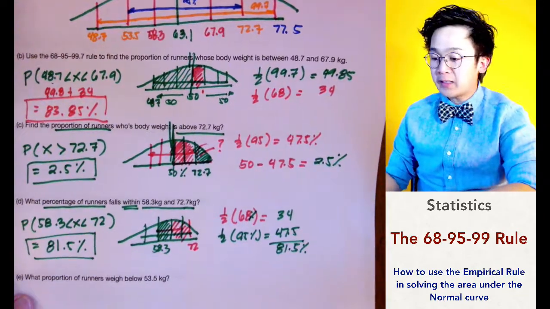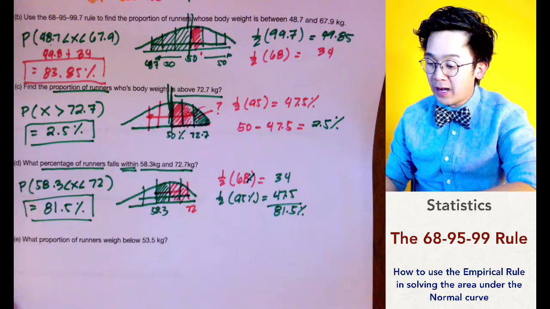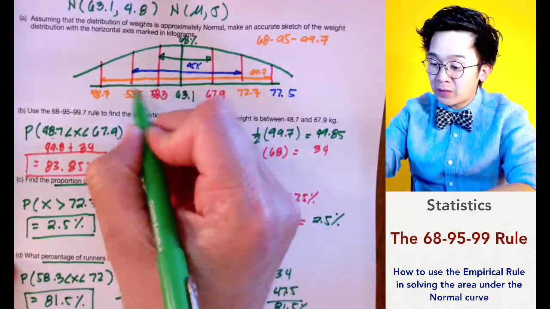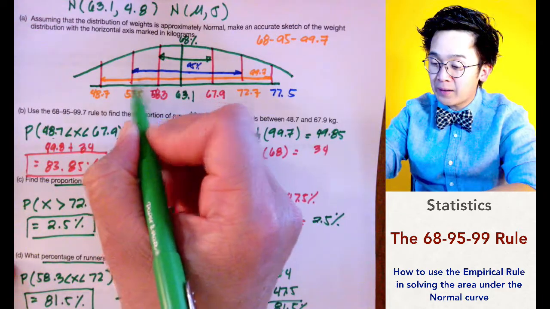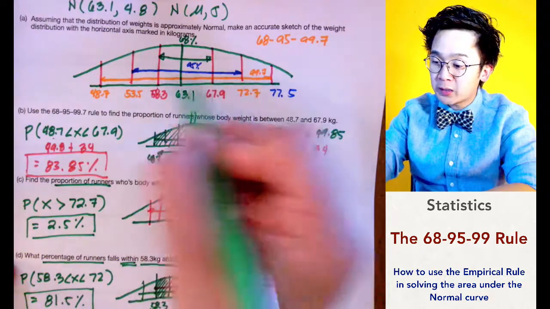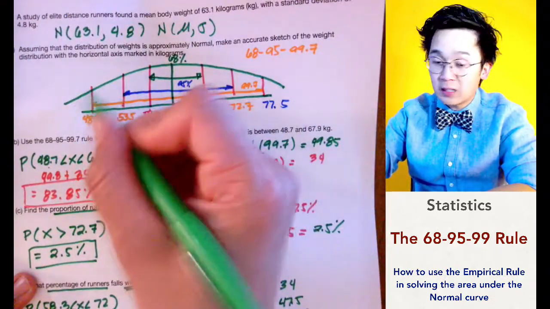At dun sa huling tanong, ano naman daw yung proportion ng mga runners na ang weight ay below 53.5 kilograms at ang 53.5 kilograms ay nandito sa ating 2 standard deviation away from the mean, which corresponds to 95%. So, ang kailangan natin is yung area to the left of the curve.